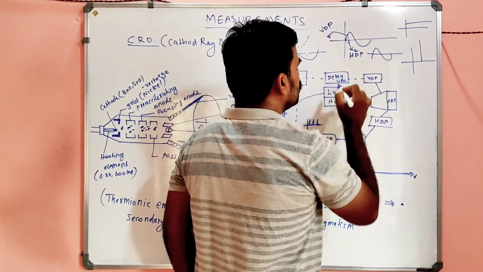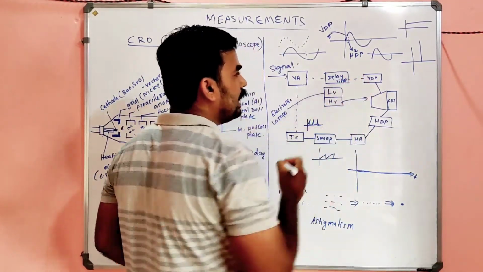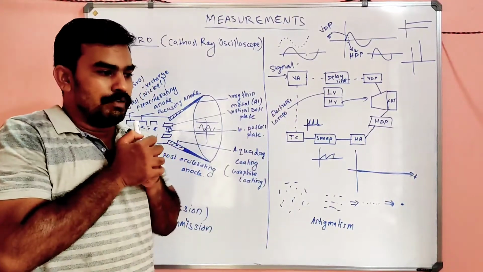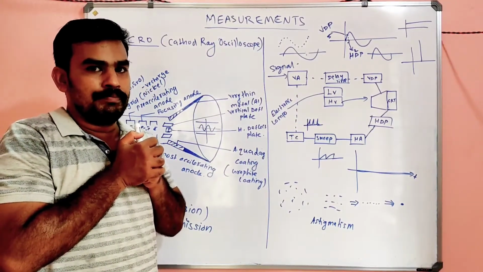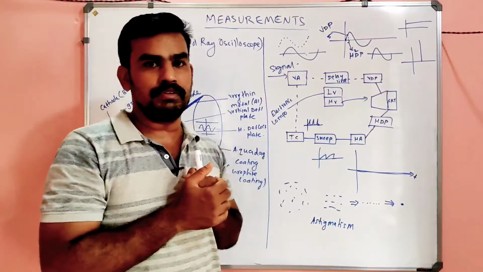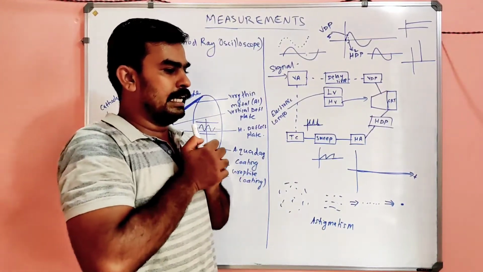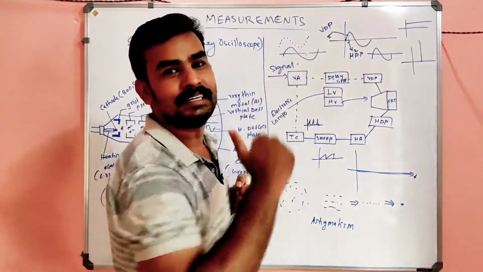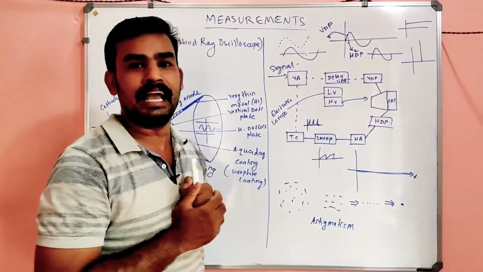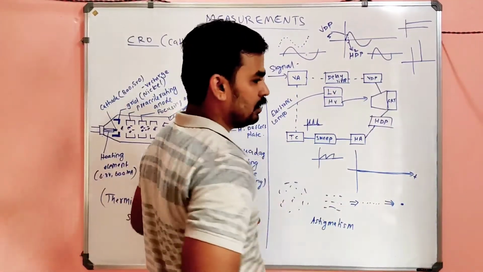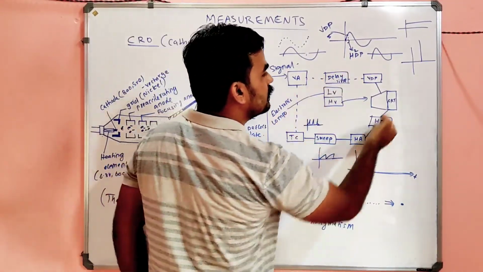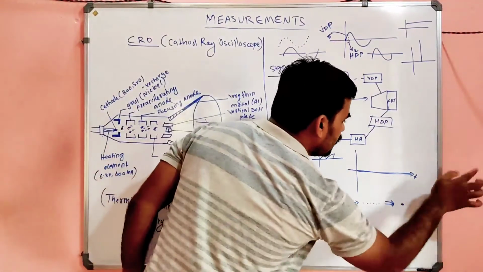This delay line makes the signal wait for a certain time, after which it is applied to the vertical deflection. So during that signal waiting, in that delay time, a time base will already be generated, so that a time base will be there.